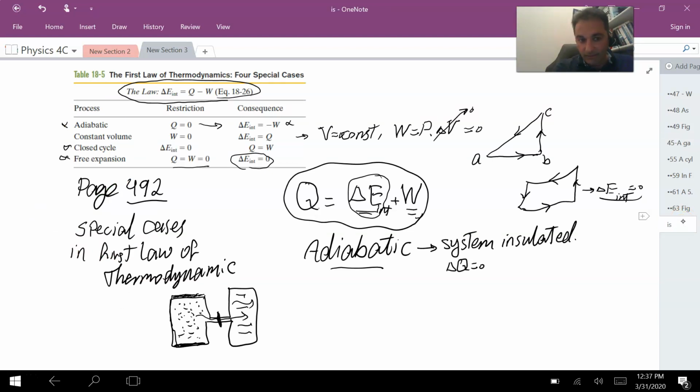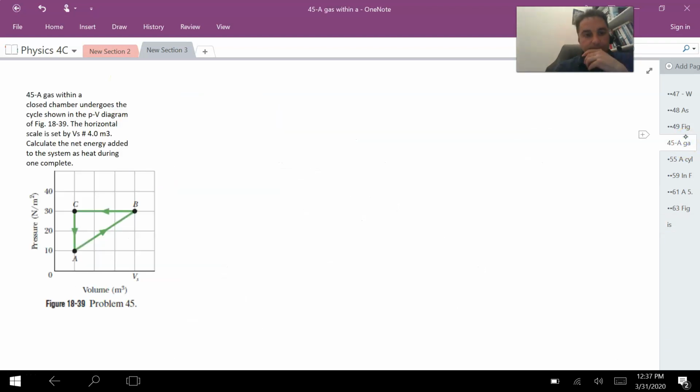When it is a cycle, remember, closed cycle, total internal energy is 0. Let's see. Undergoes the cycle shown in pressure versus volume diagram in below figure.